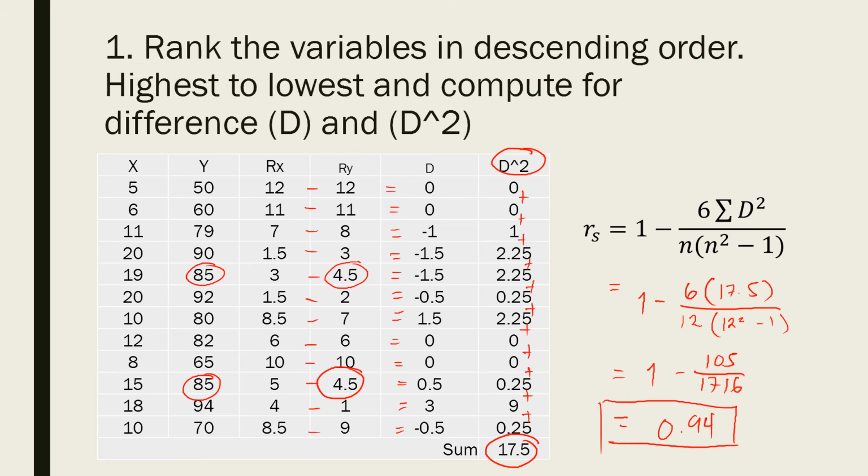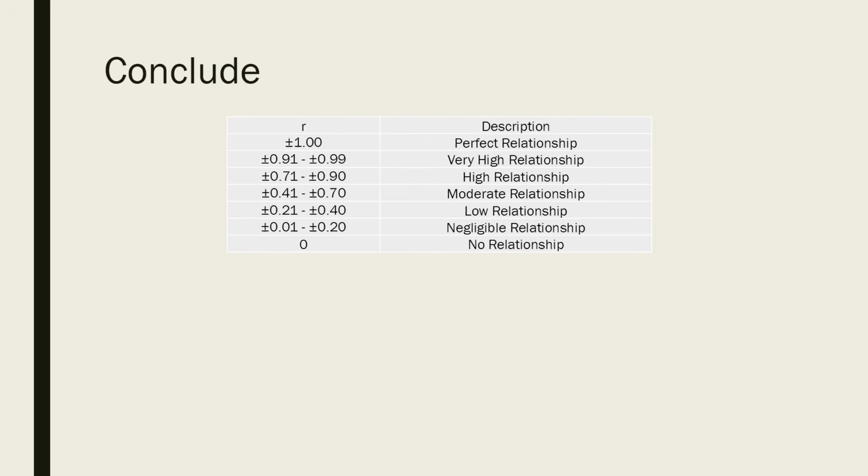Now we do have a table of critical values for our Spearman rank, but just so you have an idea, I'm going to show you a table of levels of relationship. So this table represents our Spearman rank correlation. This would also be applicable for our Pearson R correlation. And this is the descriptive interpretation of your Pearson R or Spearman rank correlation. So since our result is 0.94, that would amount to a very high.